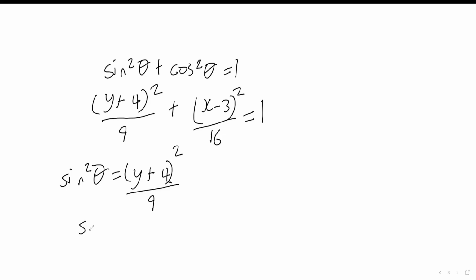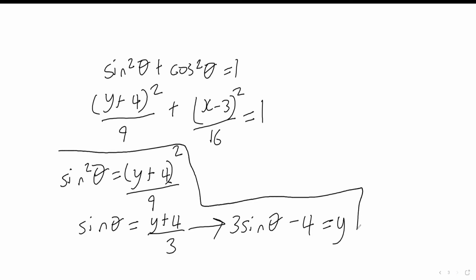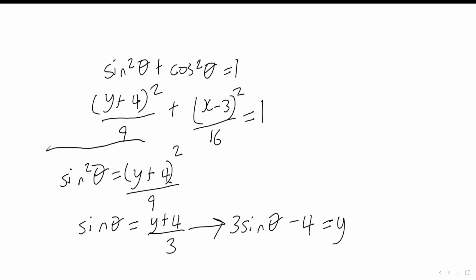So we can square root both sides to get sine theta equals y plus 4 over the square root of 9, which is 3. So cross multiplying, 3 sine theta minus 4 would be y. So I made y the subject from this one.